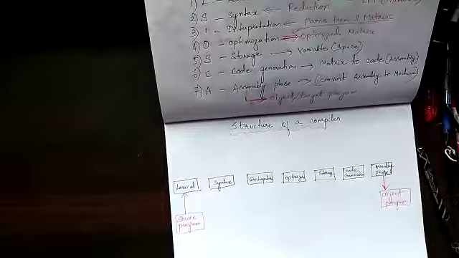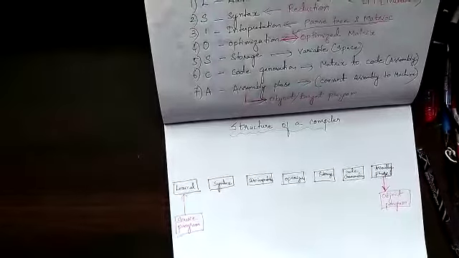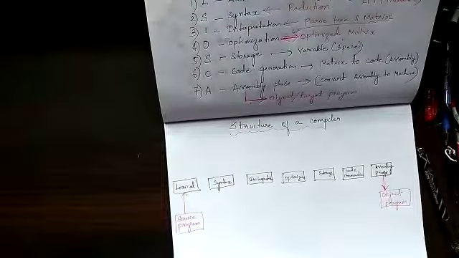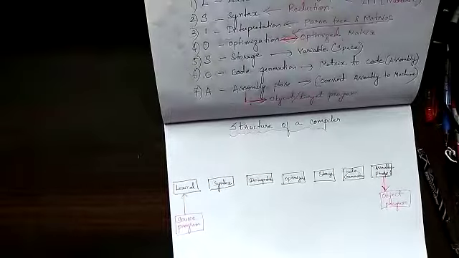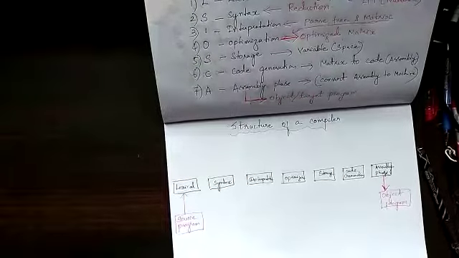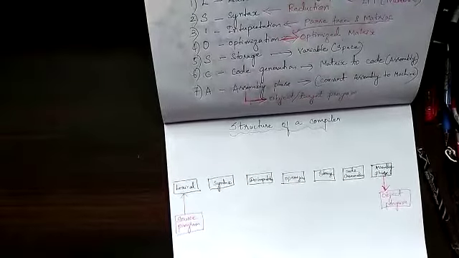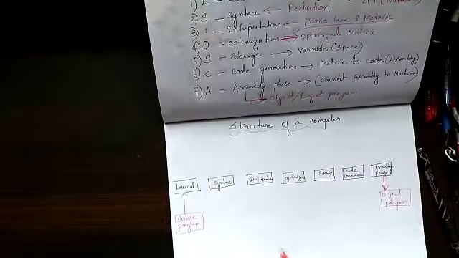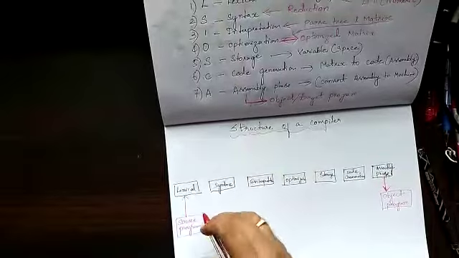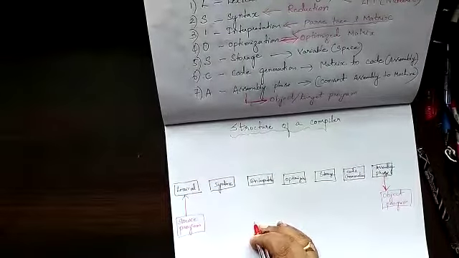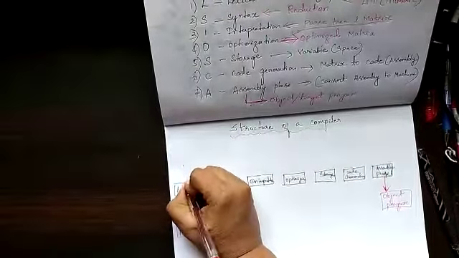Now what does the lexical phase do? It will create the uniform symbol table. It has 3 things: identifier, literal and terminal. Please remember, terminals are symbols, are keywords. So directly it is being stored.